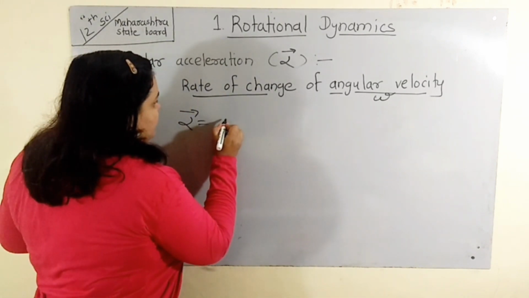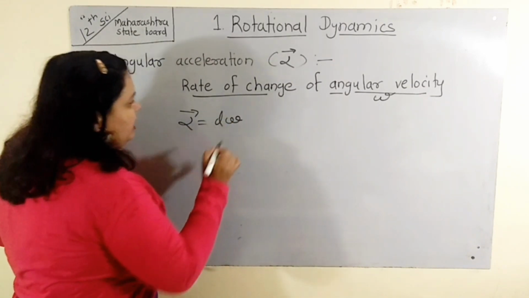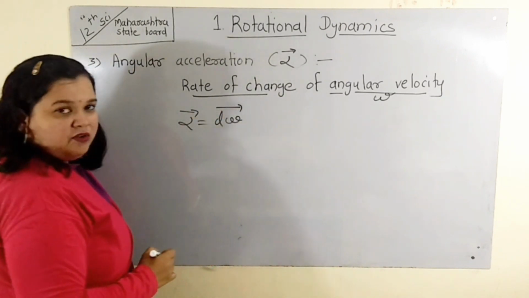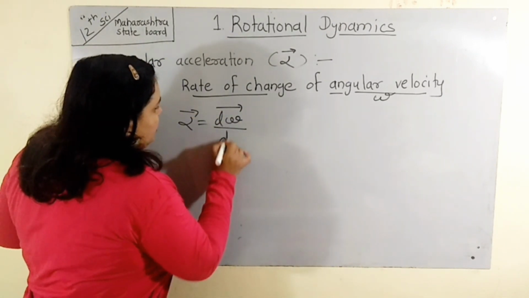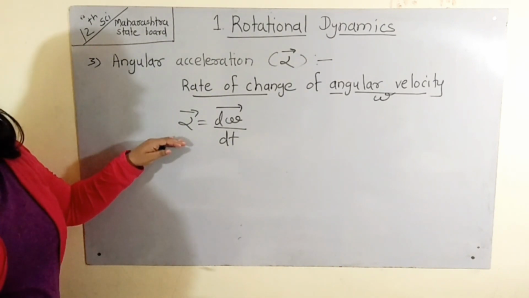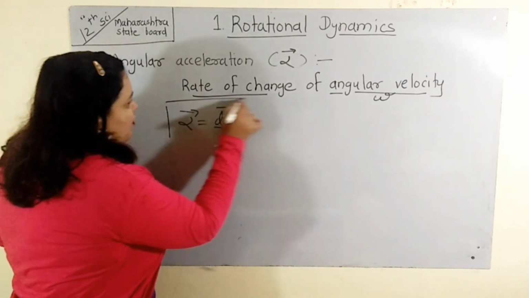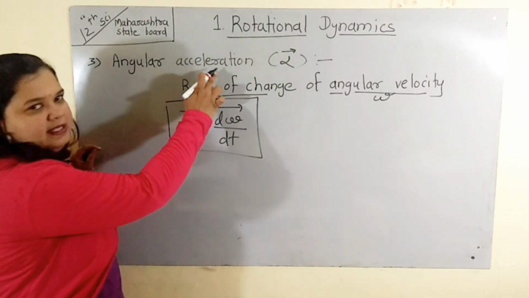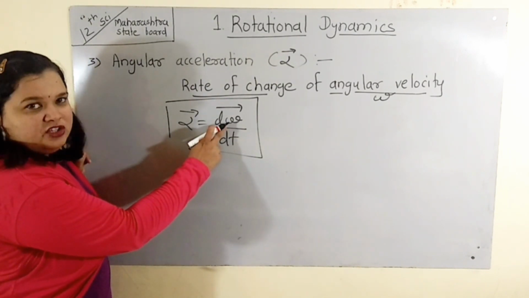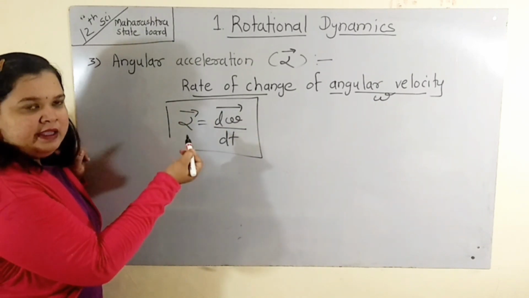If omega is angular velocity, then d omega is the change in angular velocity, in vector form, divided by time taken, that is dt. Vector alpha is equal to vector d omega by dt. This is the formula for angular acceleration. Angular acceleration is the rate of change of angular velocity, that is d omega by dt.